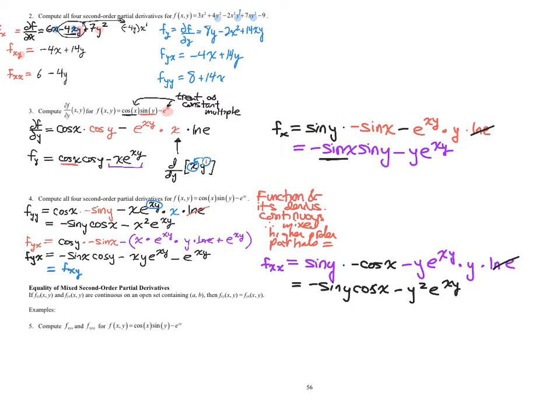So for example, in number 5, where I'm doing a third order mixed partial, I have to do f sub x, y, x. So I would look at everything that I did here for my second order partials and decide which is going to be my easiest pathway to get where I need to go, all right?